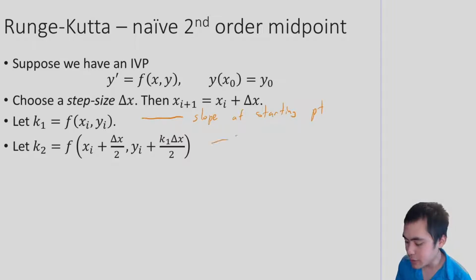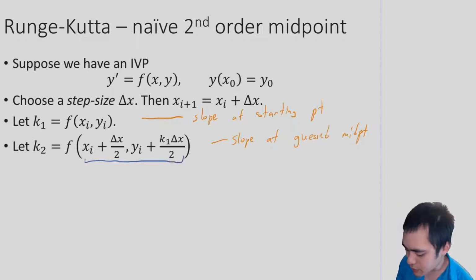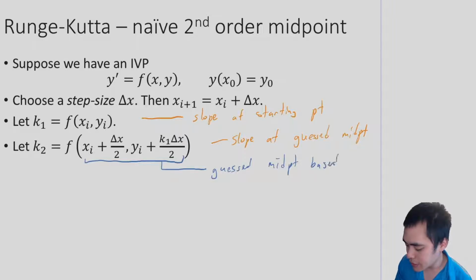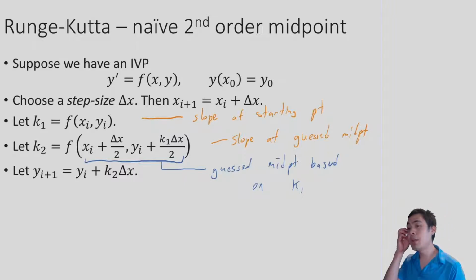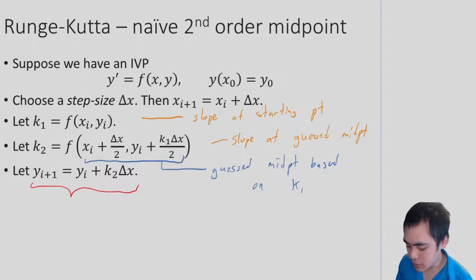This here is the slope at the guessed midpoint, because this thing here is the guessed midpoint, guessed midpoint based on k1, which is the slope at the starting point. And then we estimate using the slope at the guessed midpoint instead.